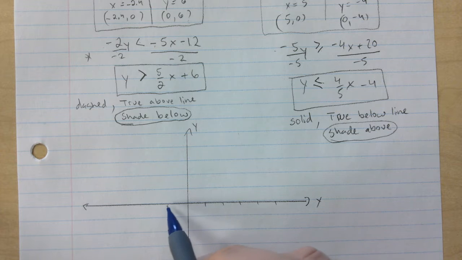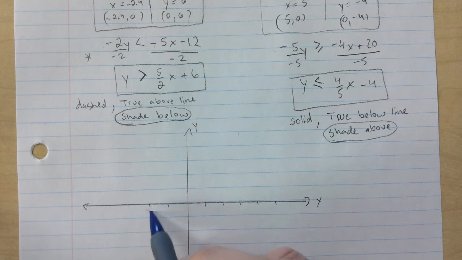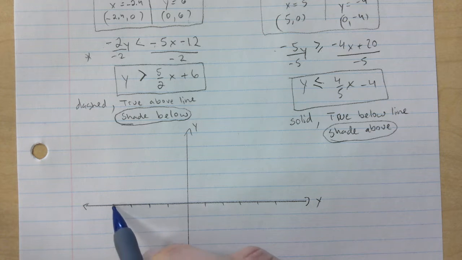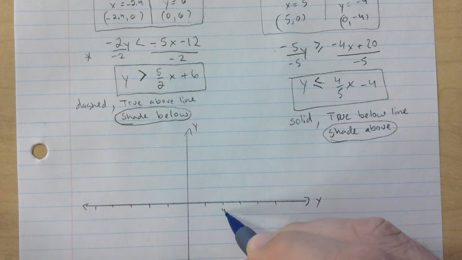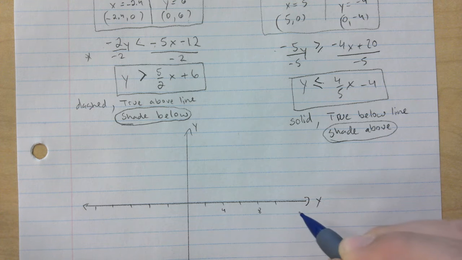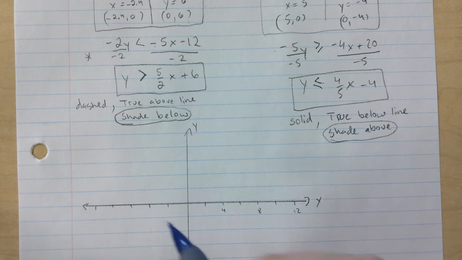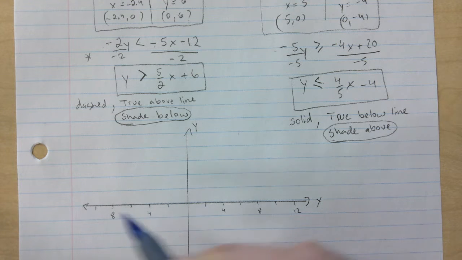And I'm going to do the same spacing. And here you don't need to use your ruler to do the markings, just approximately, okay? So we're going to go 4, 6, 8, and why not 12? Why not? So that's another thing you can do to save some time, right?